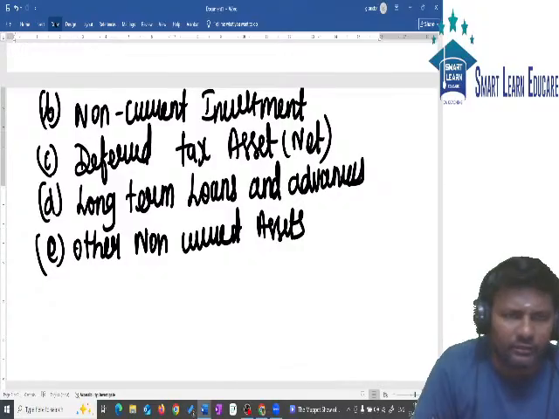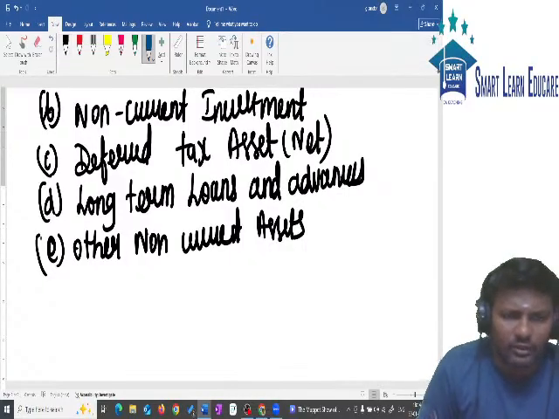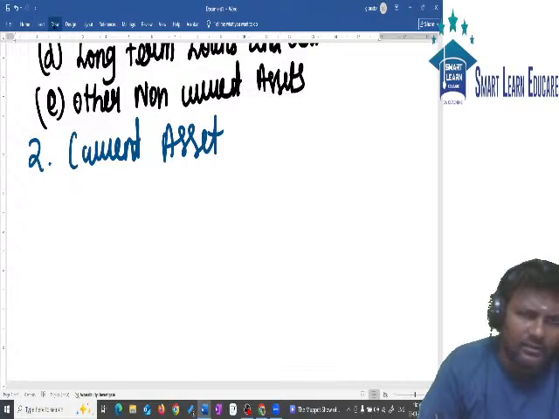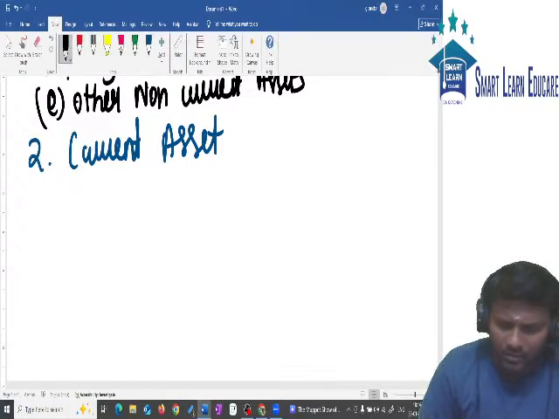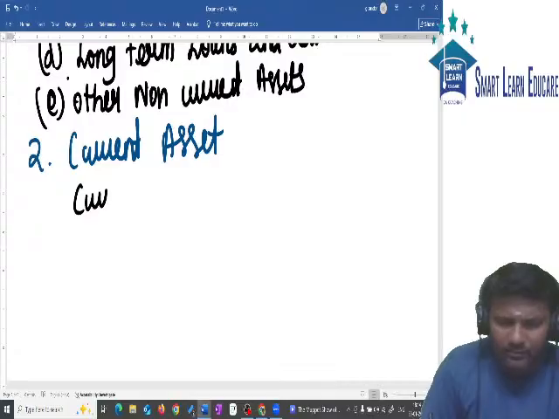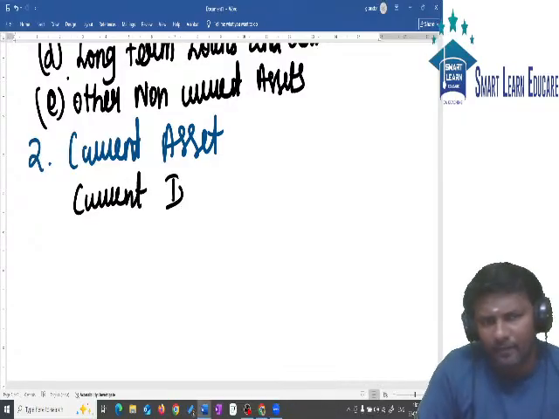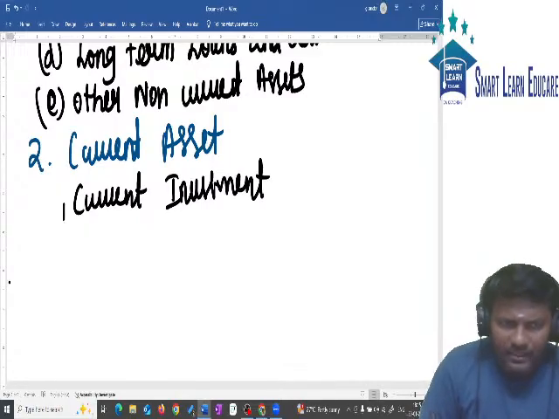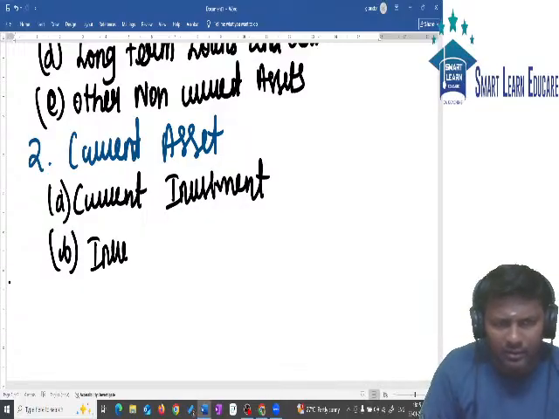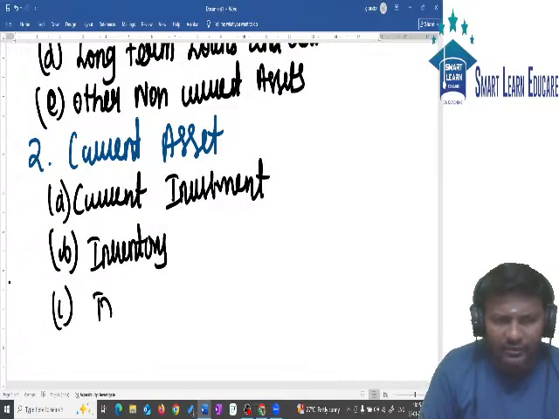Below this one more thing, current asset, very easy. First one, current investment. Second, if we take ABC, first A, second B. Second one, again very important, inventory. Third one, trade receivable.